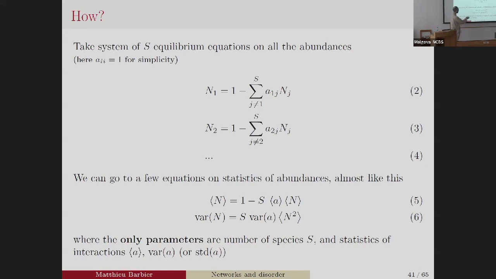That's because you have the same average of A for every species, right? So this is just saying there is no row correlation in your matrix. A_1j is independent of A_2j. They're all drawn from the same distribution, right?